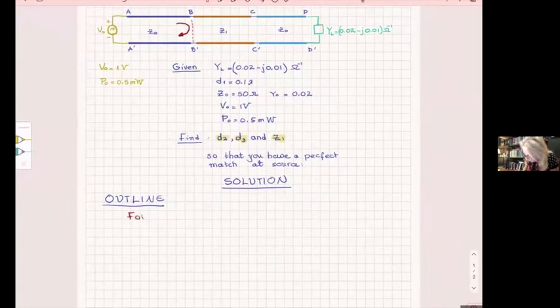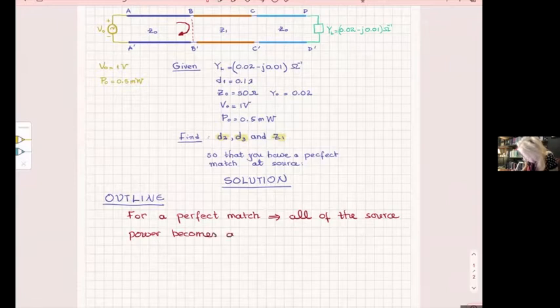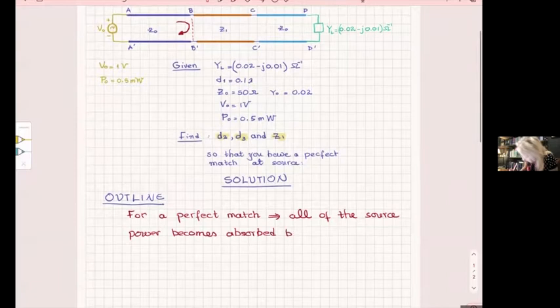So here is what I'm thinking, and I will write it so you see it. For a perfect match, which means all of the source power becomes absorbed by the load.